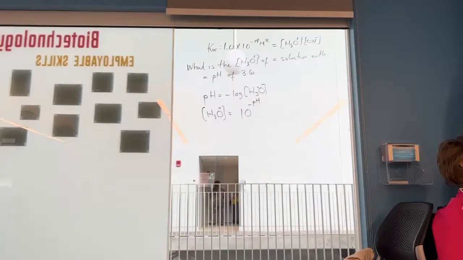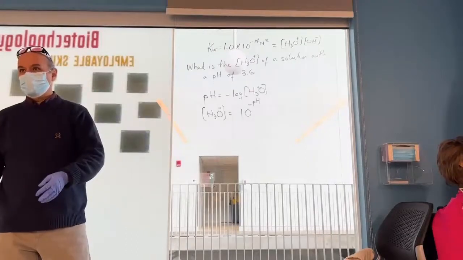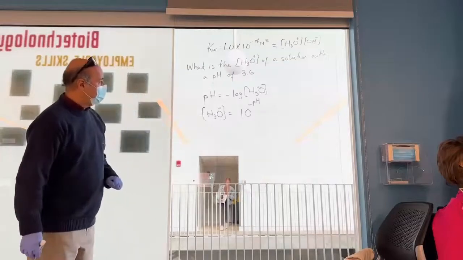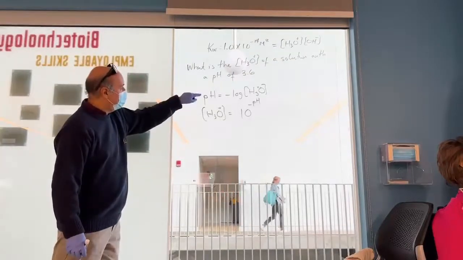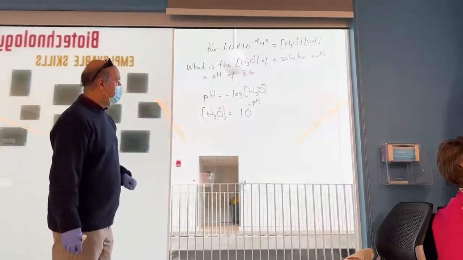I don't want to go into why that is, that's just what it is, because we could spend 10 minutes on logarithm rules and we cannot afford it. So trust me that that is the solution of this equation, isolating hydronium, and that's what we need to calculate.